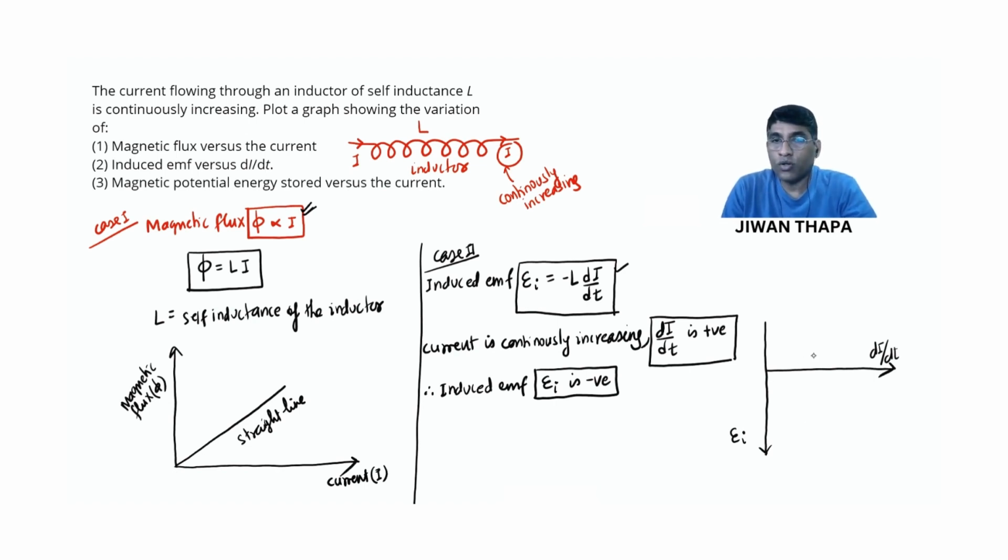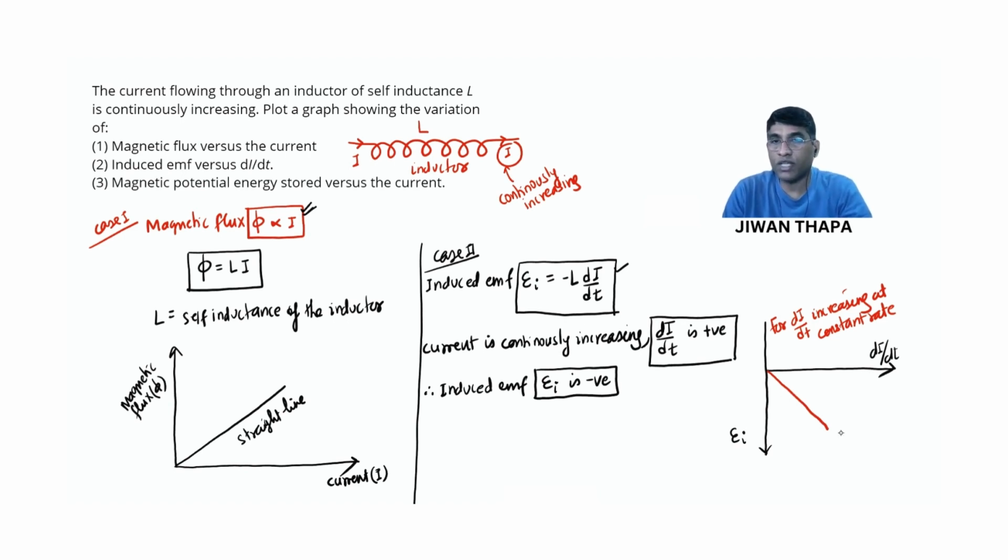Now, for di by dt increasing at a constant rate, the plot of the graph is a straight line.